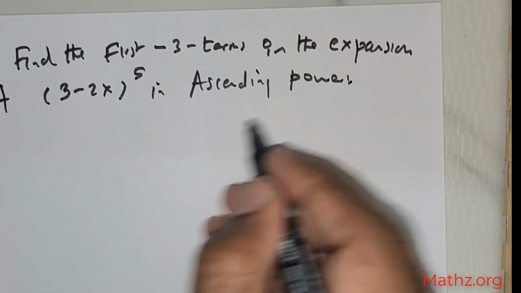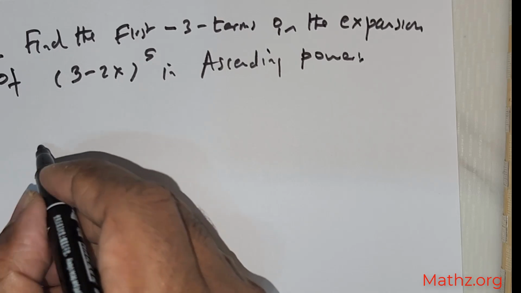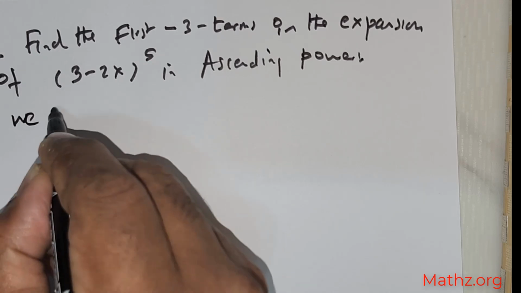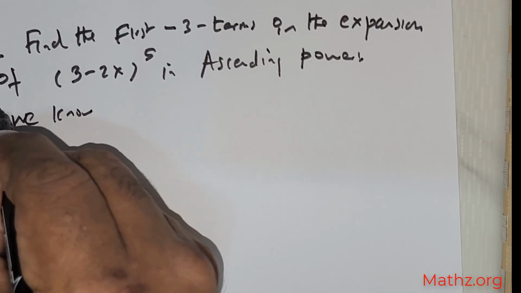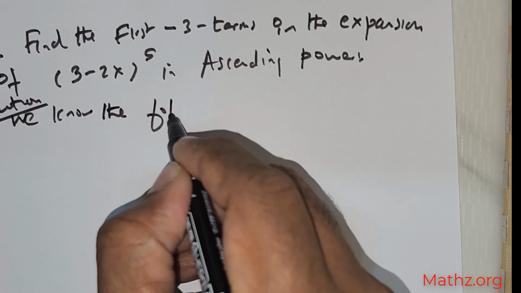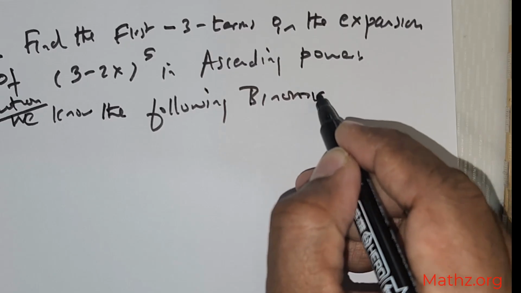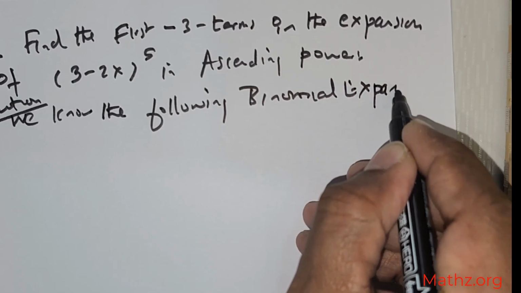Right? Now we know the binomial expansion, so you can state that we know the solution. We know the following binomial expansion.